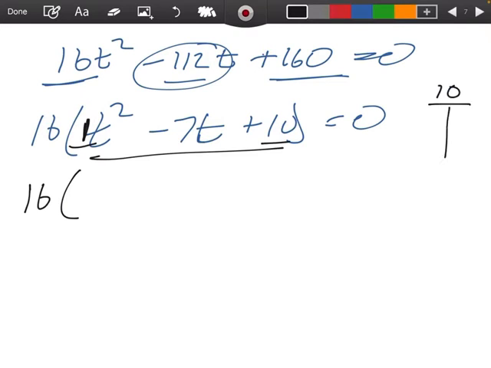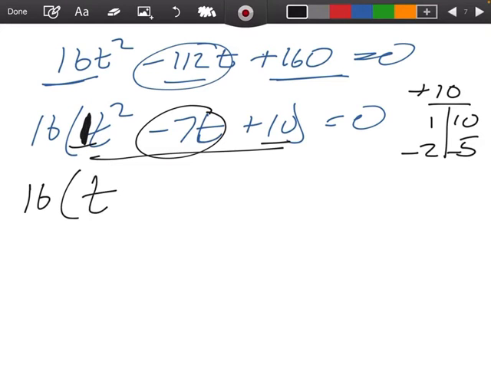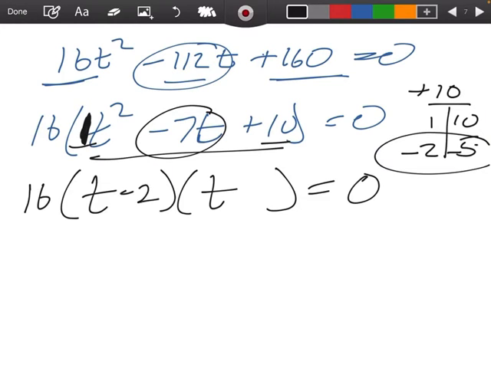I'm looking for two numbers that multiply to 10 but add up to negative 7. 2 and 5 look good, but I need to make them both negative, because a negative 2 times a negative 5 still gives me positive 10, and when I add them up, I get minus 7. Remember, the shortcut only works when the number in front of t squared is a 1. So we just use those two numbers, minus 2 and minus 5.